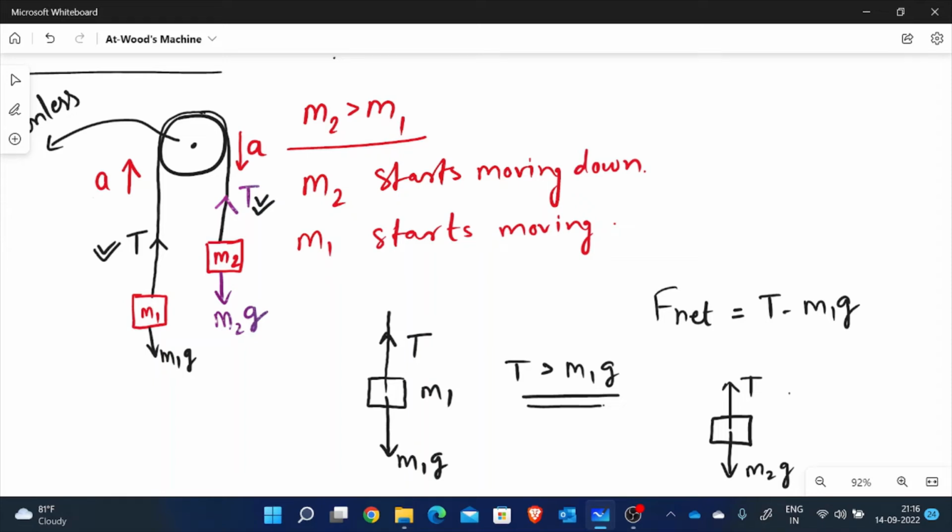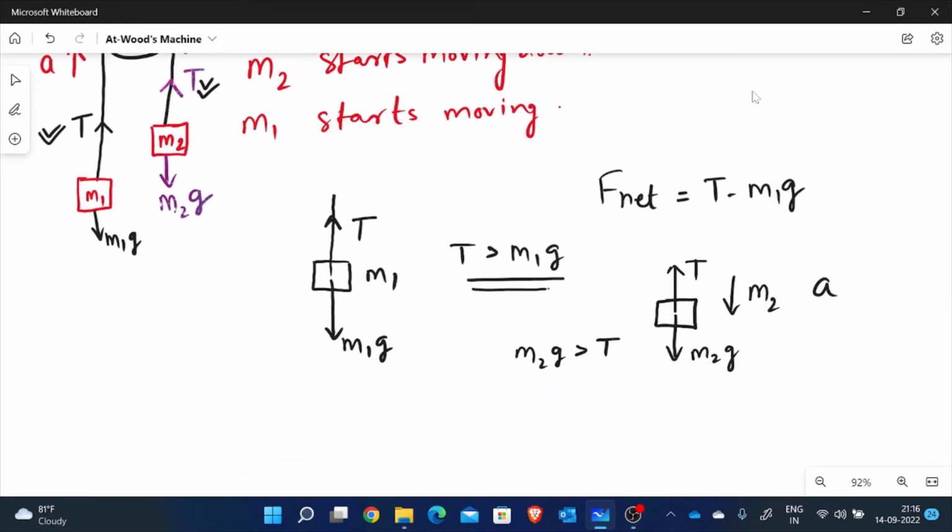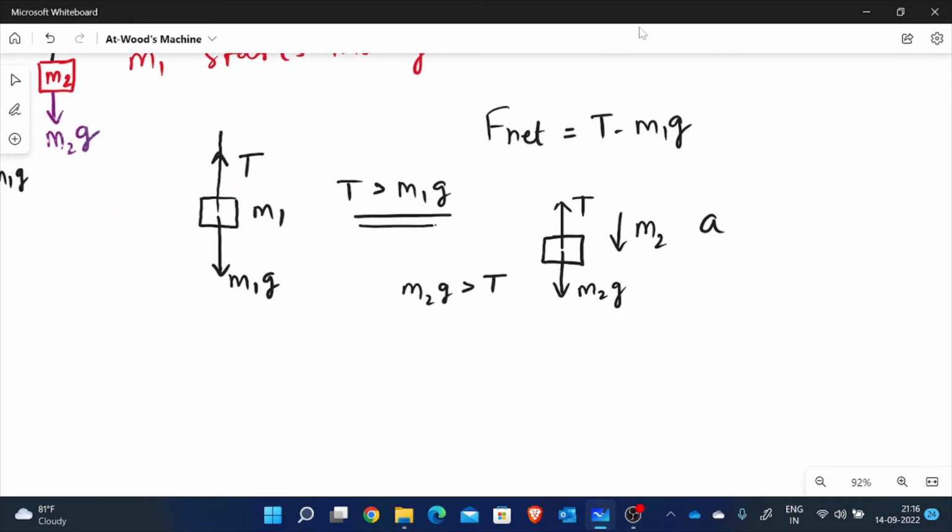Since M2 is moving down with acceleration A, it means M2G is greater than T. In that case, the net force which is acting on M2, let me just write 2 here so that we can say this is the F net on mass 2, could be written as M2G minus T.